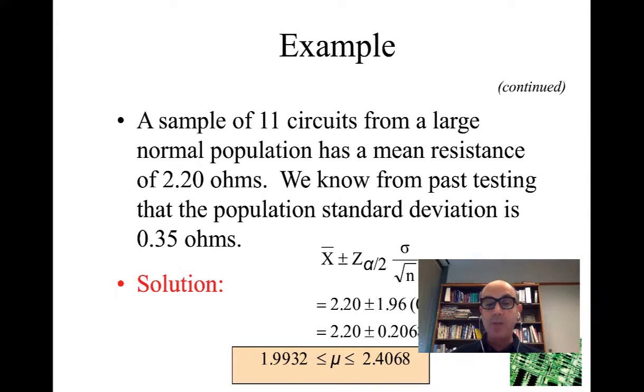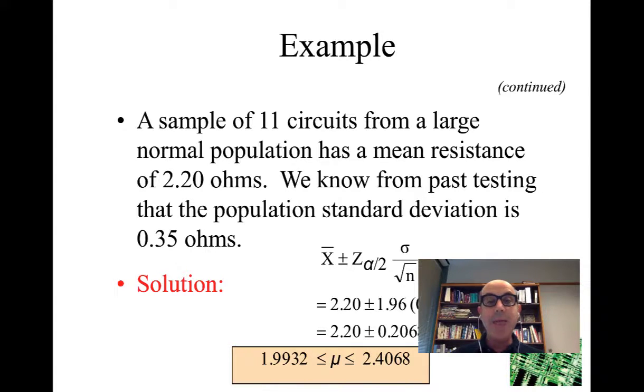The sample mean in this case is 2.2 plus or minus 1.96 multiplied by 0.35 divided by the square root of 11. And it will give us where the mu is standing in that regard.